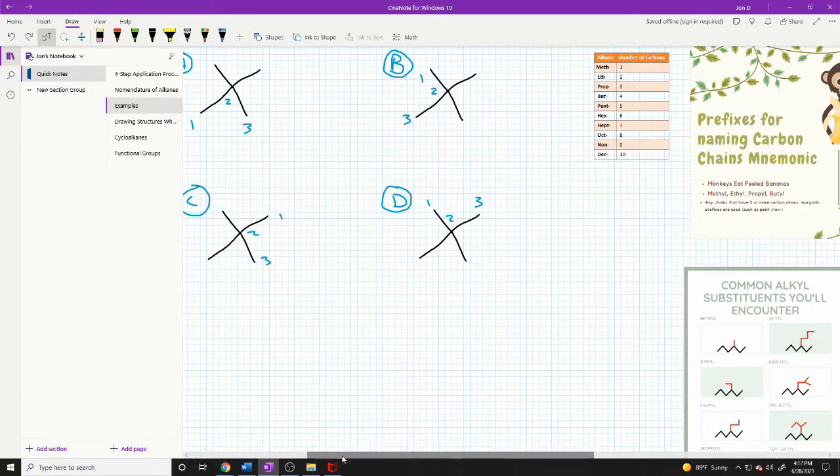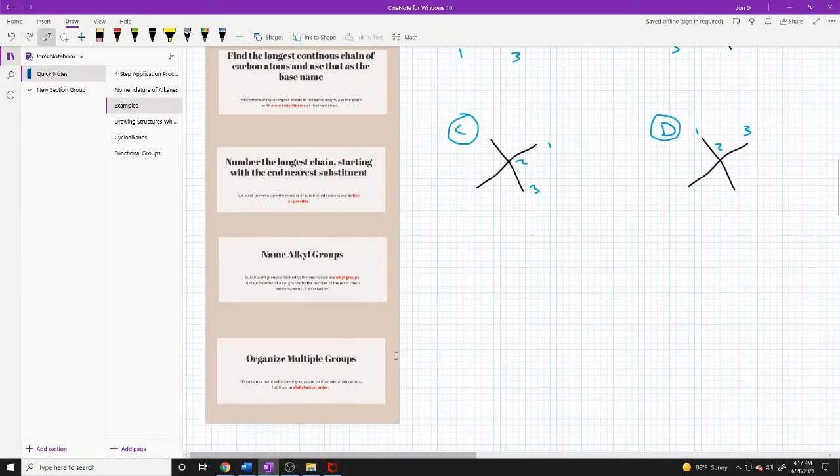And so the next step that we have is to organize multiple groups. And because all we have is just methyl groups, we just name it accordingly.